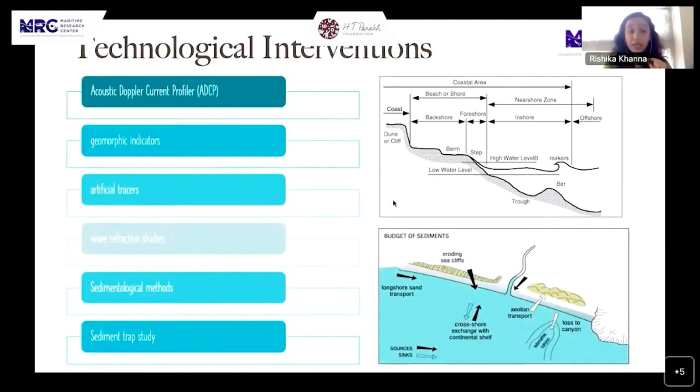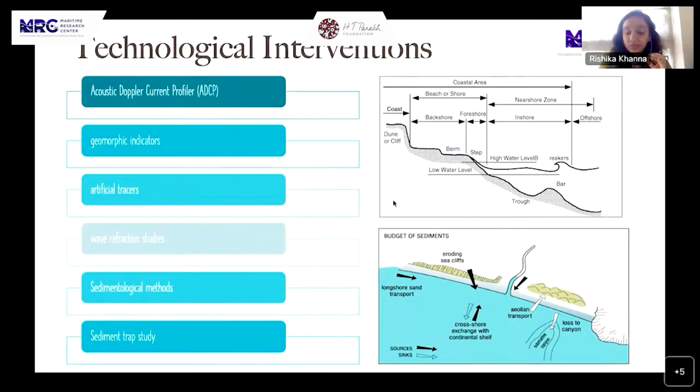Now, the technological interventions we have in sediment transportation studies. As I mentioned before, for the bed load transport, the shear stress is proportional to the average current velocity, and the bed load transport rate is also proportional to the shear velocity, specifically shear velocity cubed.